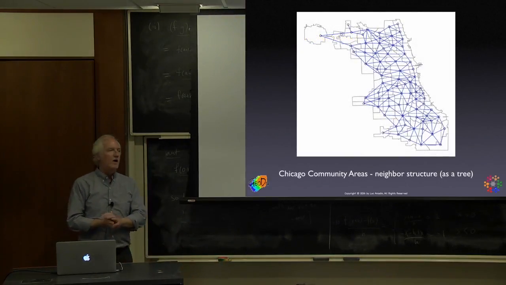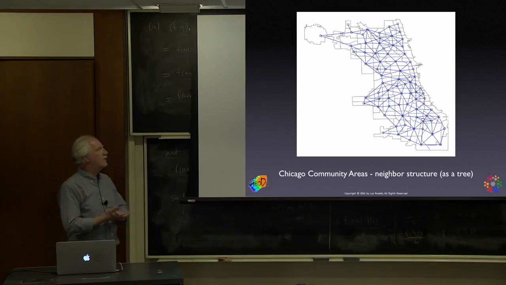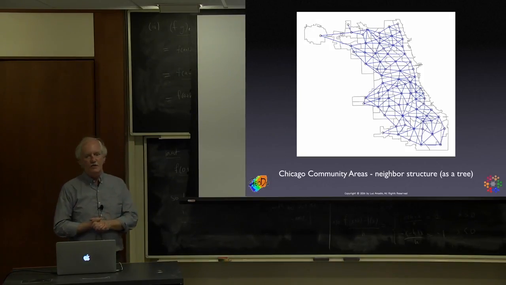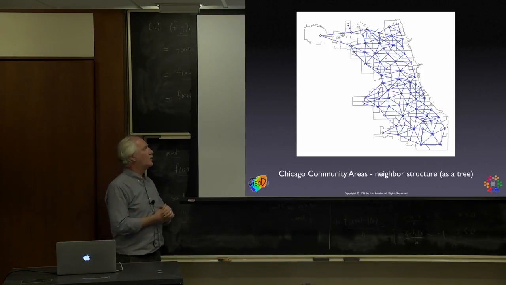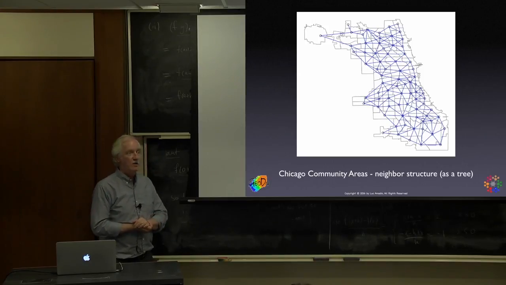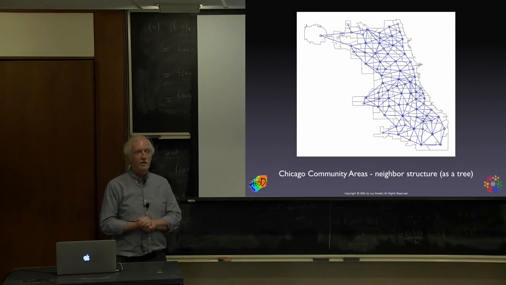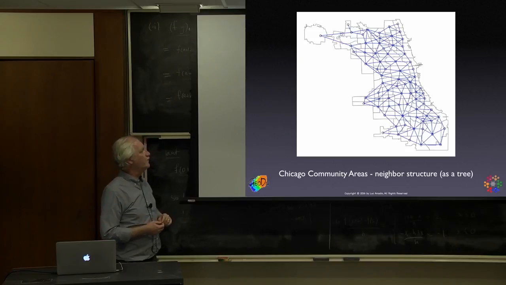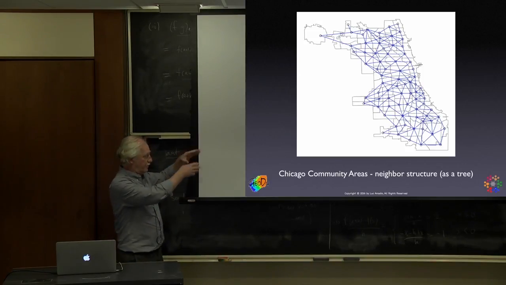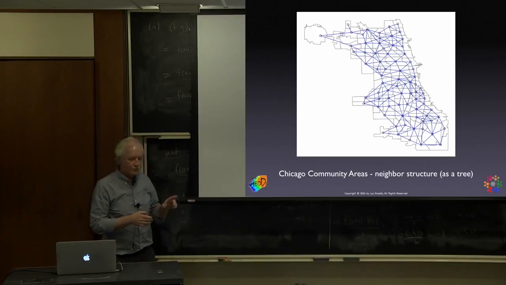So here, these are the 77 community areas. The lines are contiguity. We've done this before. This is based on a weights matrix. Actually, the way it's done in R uses a weights matrix, our neighbor list. That's the basis for this. Now, this is just the weight structure.